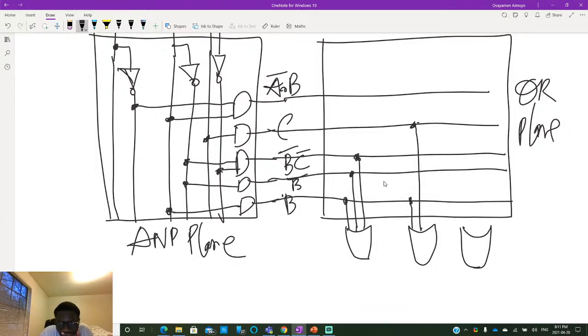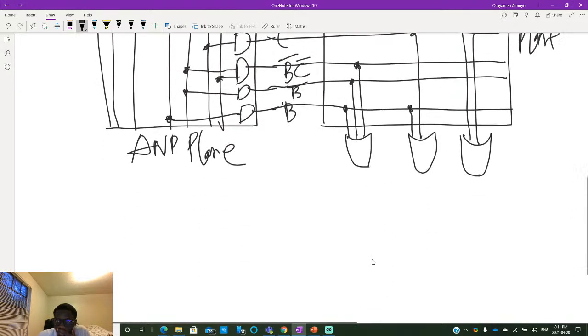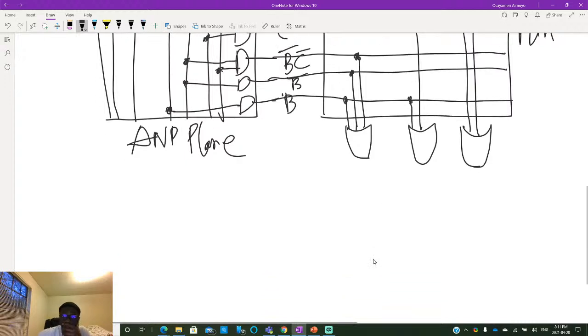And then for this, let's say we just wanted A bar or C. So basically, we ended up with, let's call this F0, F1, F2.